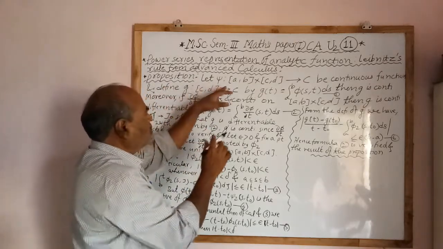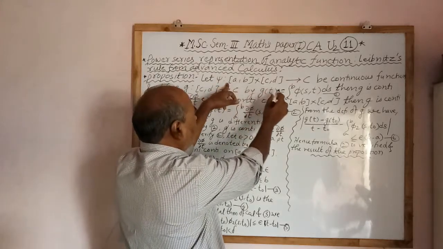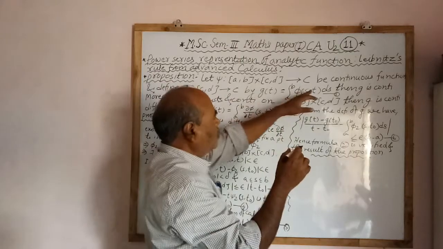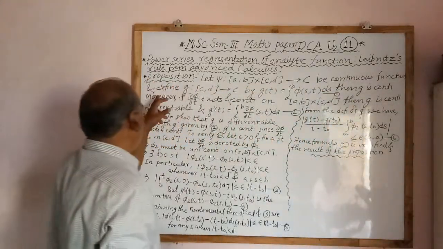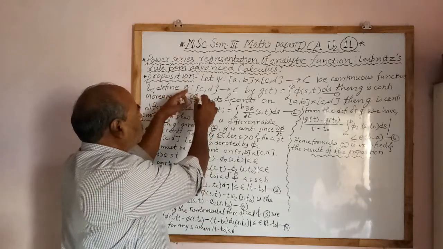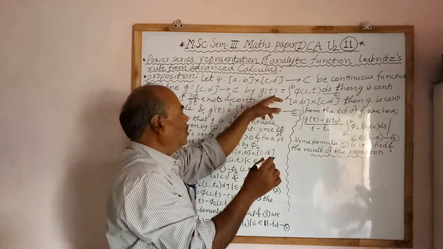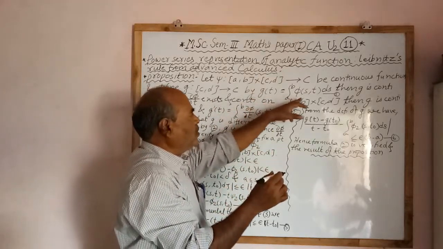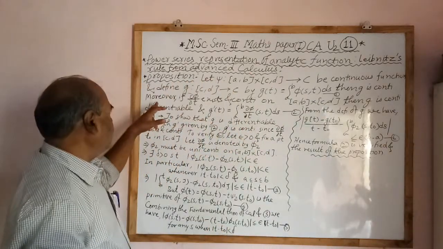Let phi, a mapping from [a,b] cross [c,d] to C, be a continuous function, and define the second mapping G from [c,d] to C by G of t, which is the integral from a to b of phi of (s,t) ds. Then G is continuous.